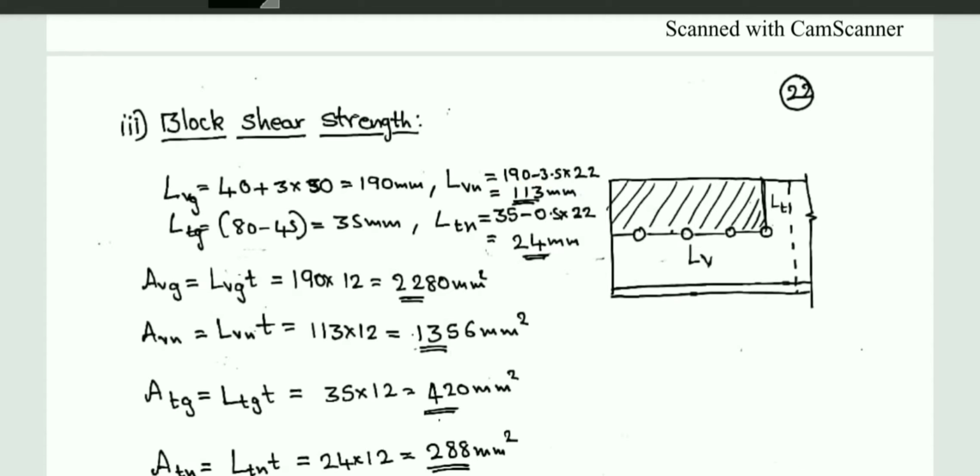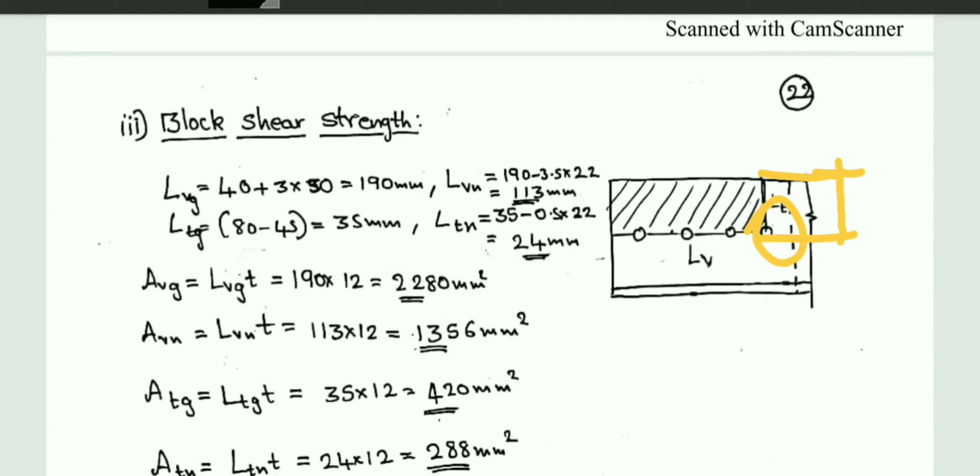So 190 is the total length minus 3.5 into 22, LVN you will be getting is 113. Next one is LTG, the tension plane. From here to here it was 45 mm, so the remaining is 35 mm, the LTG. When we calculate LTN, the net area of the tension plane, it becomes 35 minus the bolt hole.